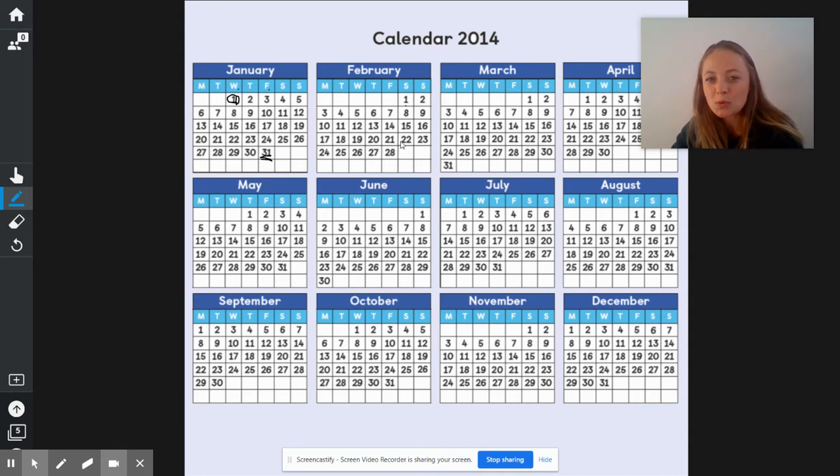I wonder if anyone knows anything about February, which is a very special month. I know this year was a very, very special year because it was a leap year. I wonder if anyone knows anything about that and what that means for February. Here, it's got 28 days, but sometimes it has 29 days and we call it a leap year.